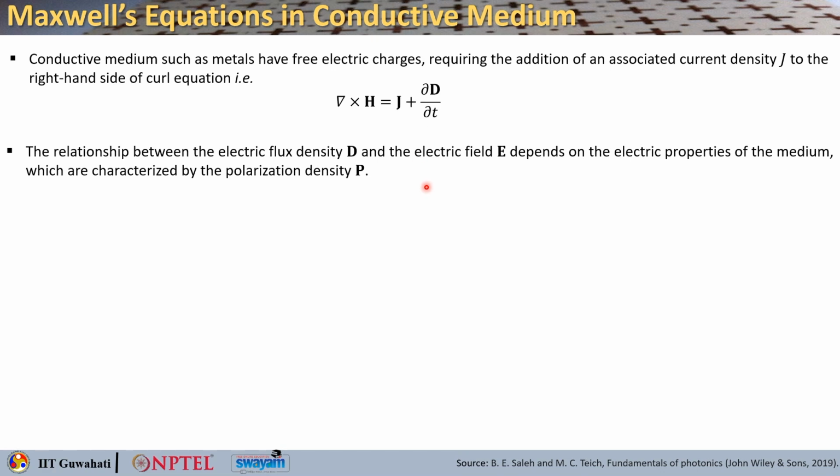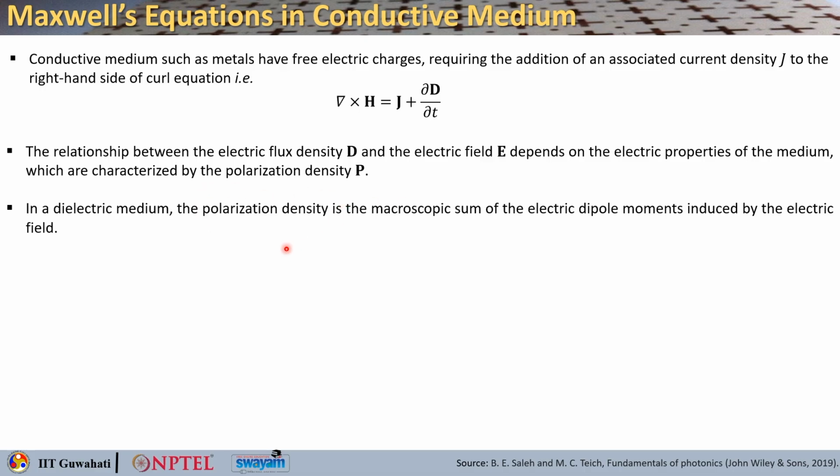And the relationship between the electric flux density D and the electric field, as I mentioned, depends on the medium properties, which are characterized by the polarization density P. Similarly, in a dielectric medium, the polarization density is nothing but a macroscopic sum of all the electric dipole moments which are induced by this external electric field in the medium.